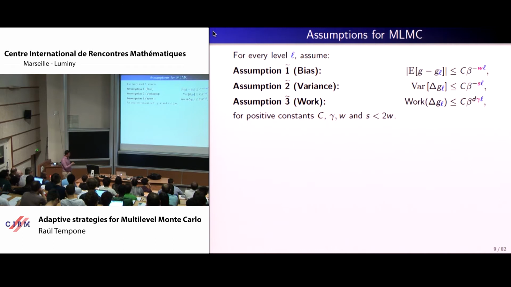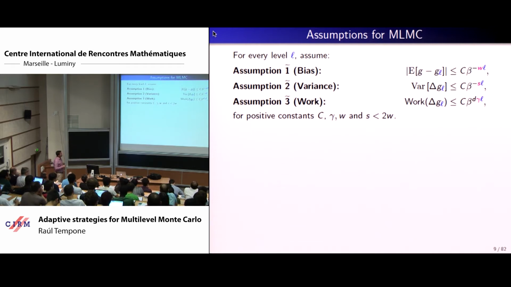So this first equation is nothing different from what I wrote before. It means that the error in the mean is H to the W, essentially. It's just a rewriting of what we had before. Now, this W, which is the exponent of the weak convergence, depends on the assumptions on your problem and the numerical discretization that you're using, and has to be found for each problem.